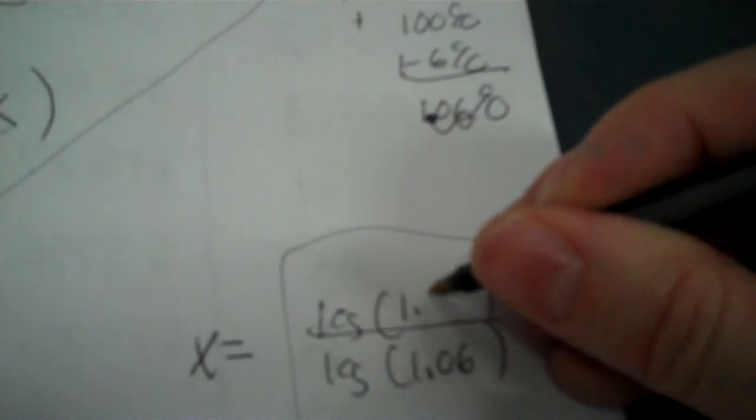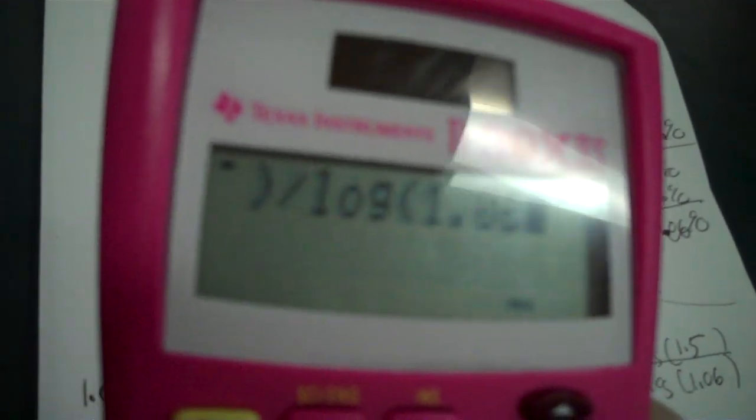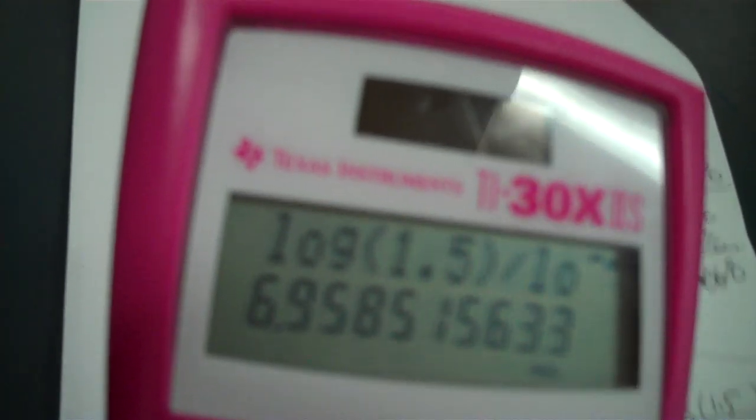Okay, so you got to put that on the bottom. Whatever's raised to the x power is on bottom, 1.06. And then 1.5. And x equals that, okay? So log 1.5 divided by log 1.06, and that's about 7, okay? So 7 years.